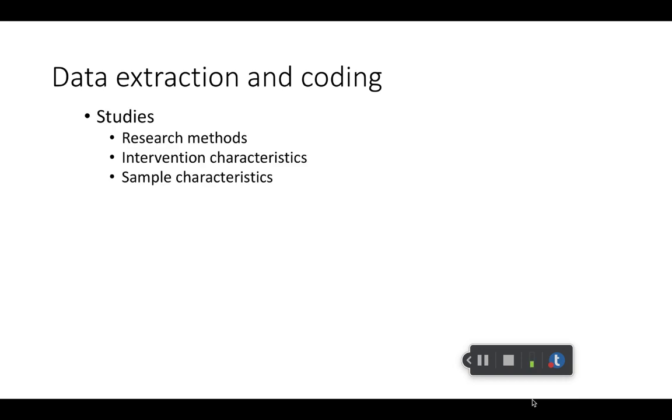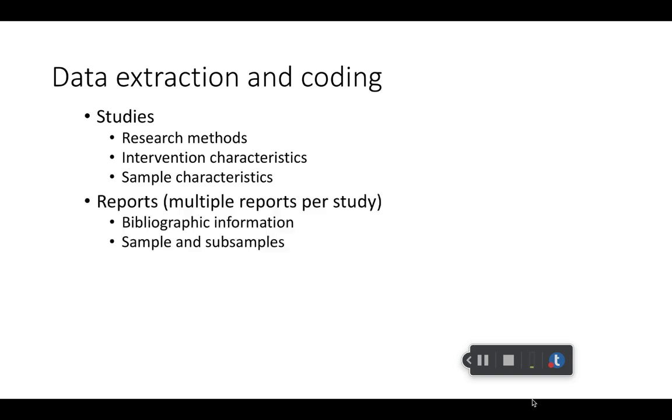In terms of data extraction and coding, we collected information on each of the studies, including their research methods, the interventions involved with the MST and the alternative intervention, and characteristics of the sample. We collected information on reports on each study. We found that many studies had multiple reports. So for each report, we collected information that was bibliographic in nature and collected information on the sample and subsamples reported on.